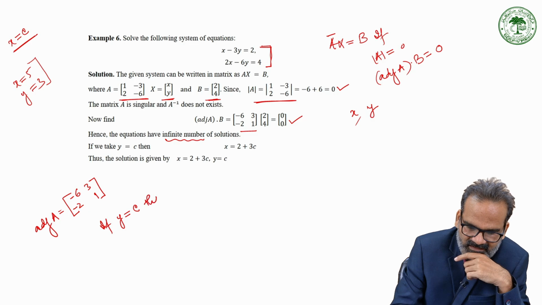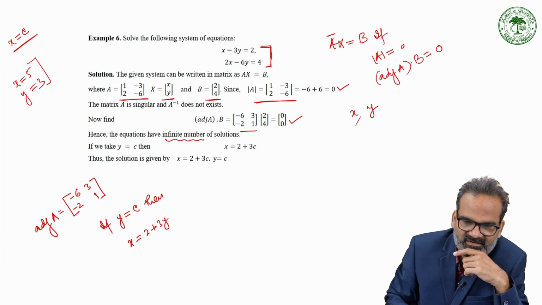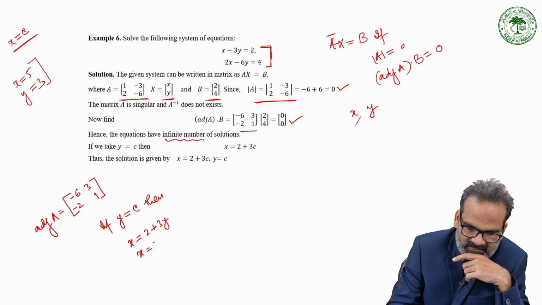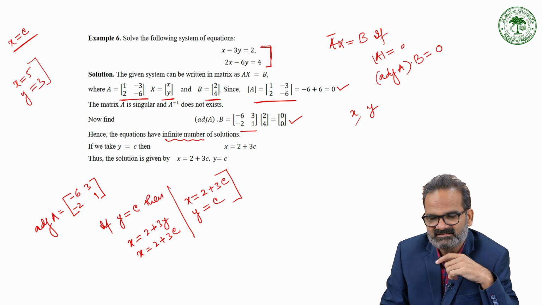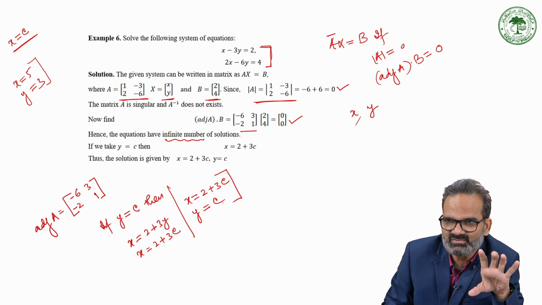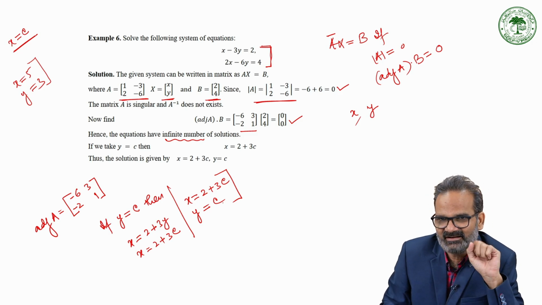From equation 1, x = 2 + 3y, so x = 2 + 3c. So the solution is what? x = 2 + 3c and y = c is considered as the solution of these two linear equations.